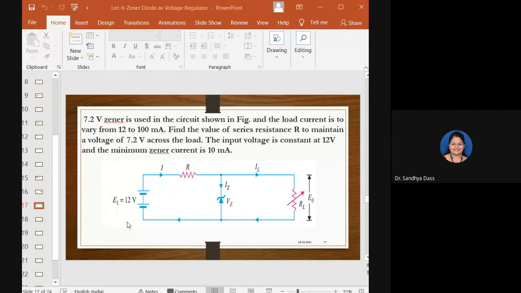Try to understand and solve this. We will continue in the next class. We are already running short of time. Since you have to continue with your class, we'll stop here.